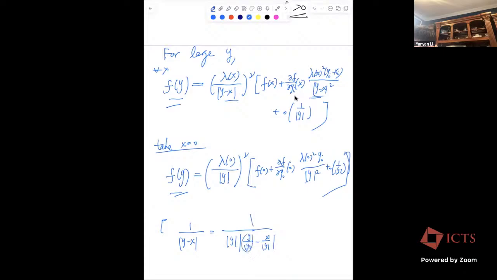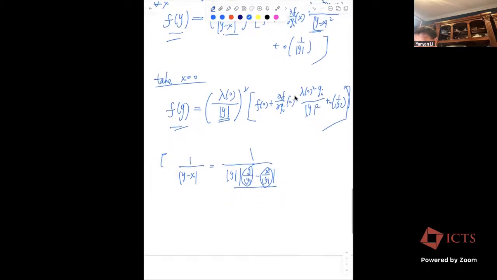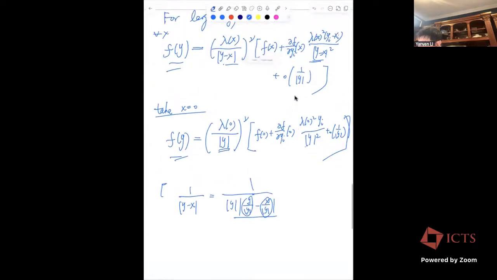So this is a unit size, and this is little o. You make Taylor expansion and so on. You can always write those things in terms of this 1 over y and so on. Then you compare coefficients. When you compare coefficients, you will see these two expressions, you write them the same way.